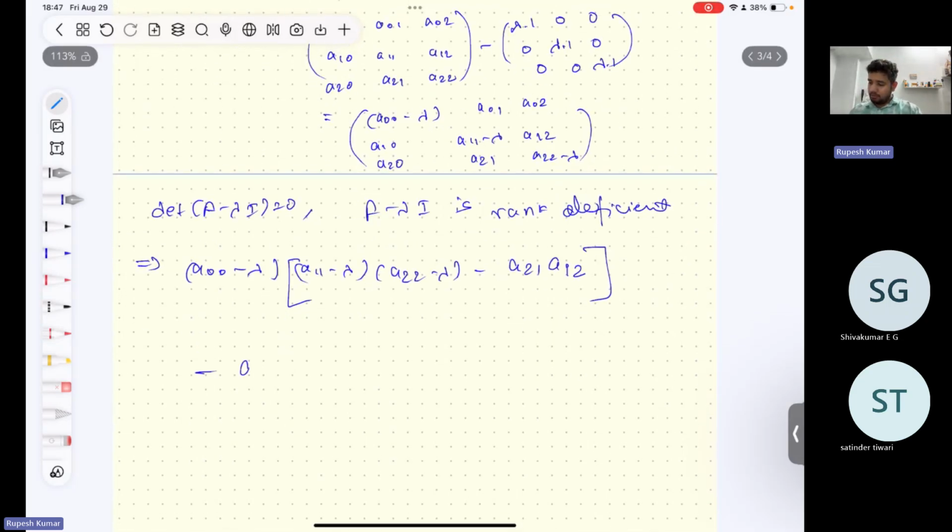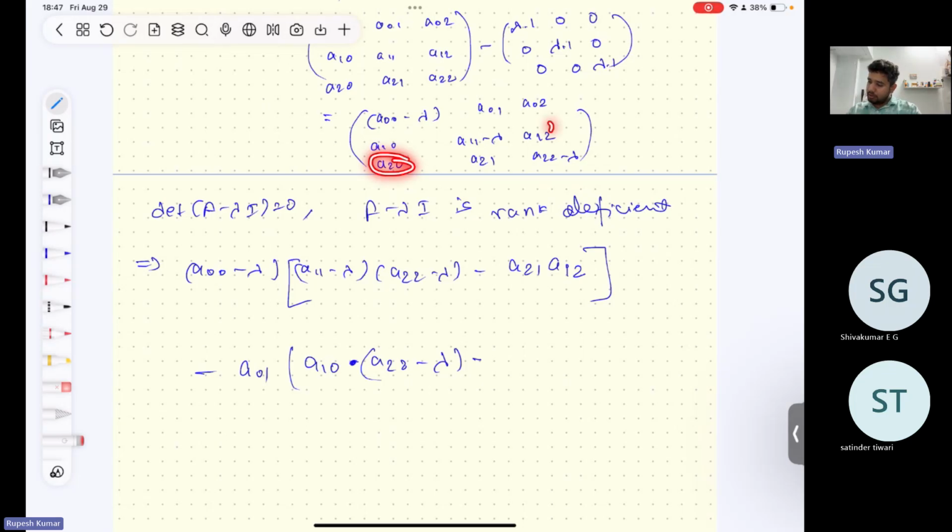Minus A01 multiplied by A10 into A22 minus lambda, minus this quantity into this quantity, which is A20 into A12.